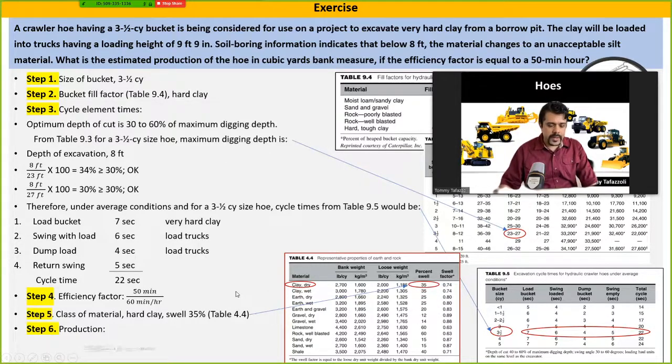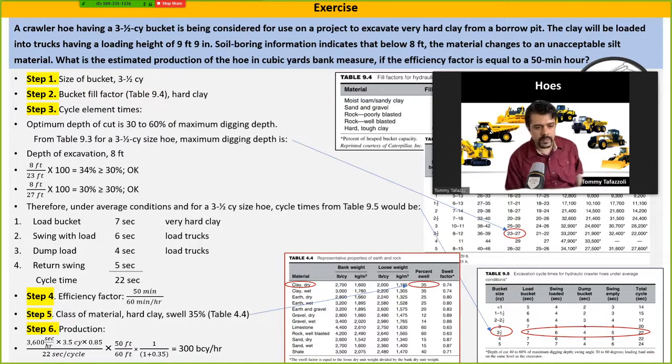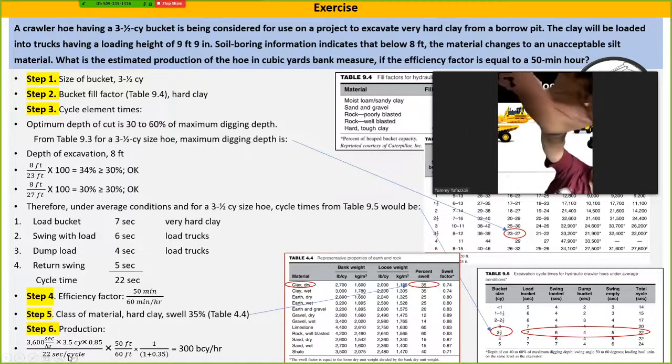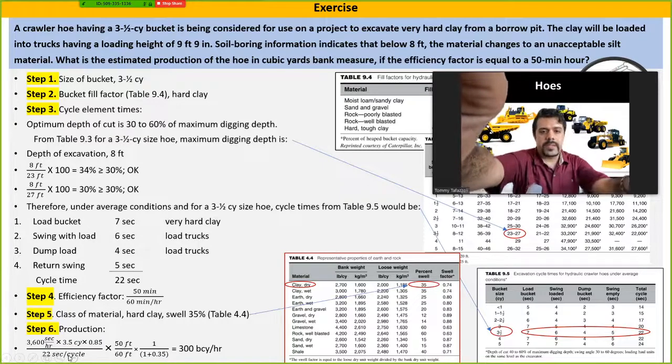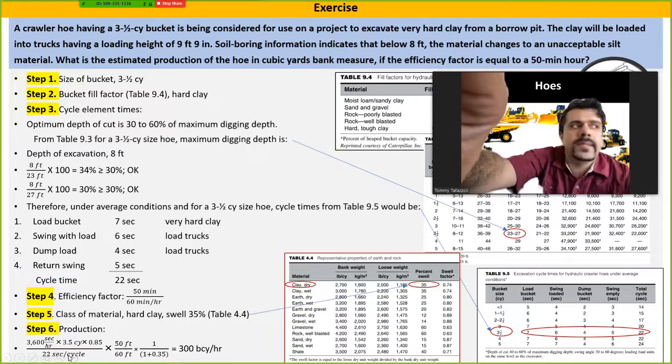Having that percentage, we have all the elements we would need to find the production. So we just insert the numbers we had. 3600 was the constant. 3.5 was the volume of the bucket, but only 85% of that would be filled. That was the average between 80 and 90%, if you remember. The cycle time is 22 seconds.